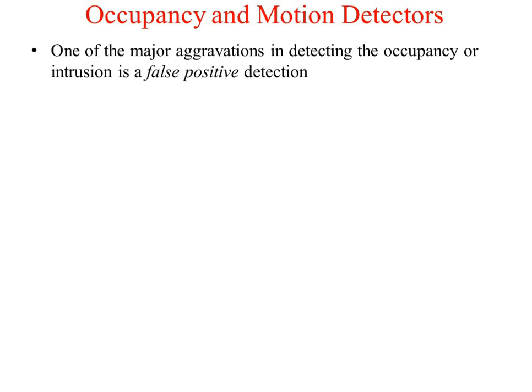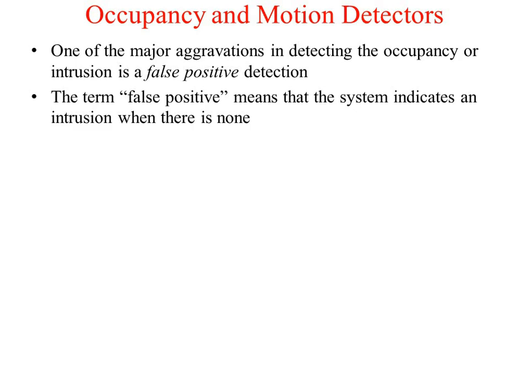Okay, so there is one problem with such kinds of detectors, that is false positive detection. Whenever there is an occupancy or intrusion, there is every possibility that you have a false positive detection. What do you mean by false positive?